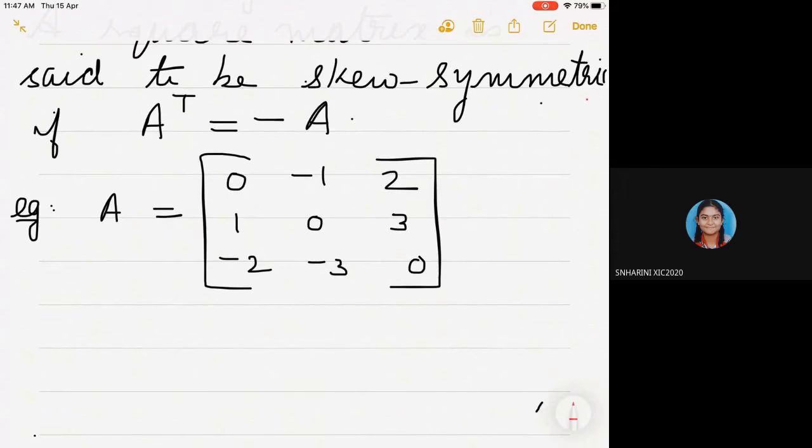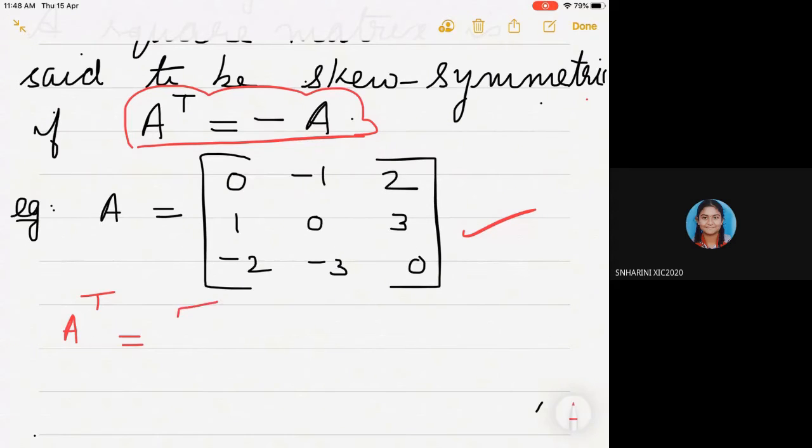Suppose A is this matrix. I'm just telling that this is a skew symmetric matrix. To follow the definition, we check whether it is satisfied by this matrix or not. What you have to find? Find A transpose. How to find A transpose?